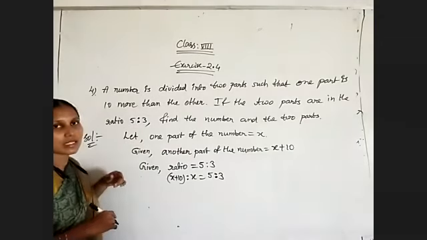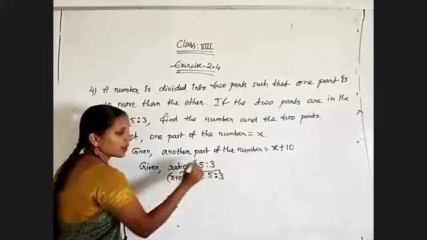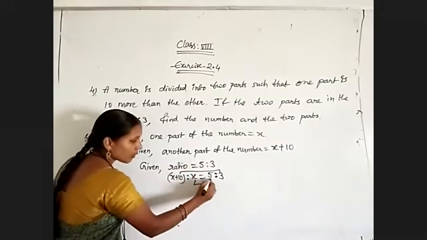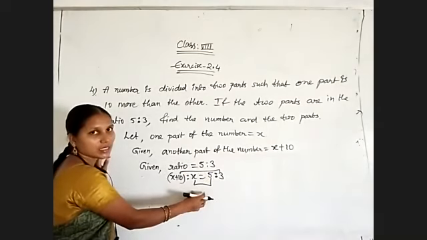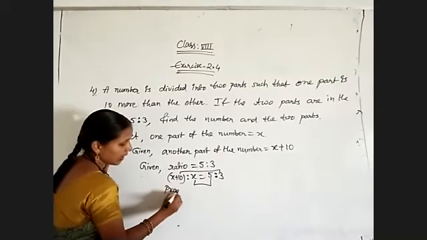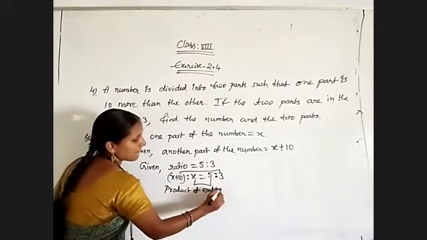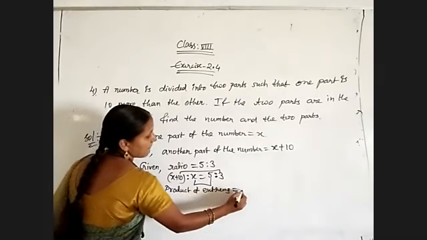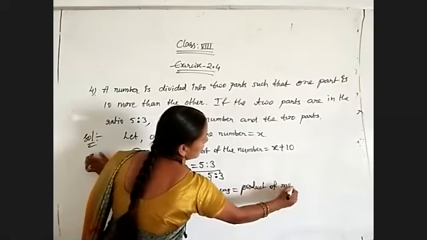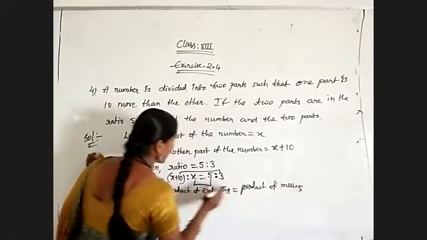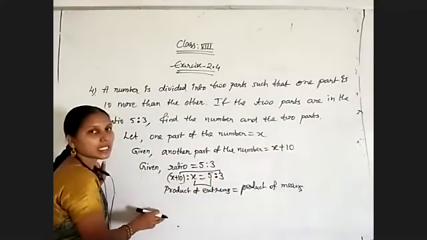Now simplify this. We have the property of proportion: product of extremes is equal to product of means. Means are nothing but the middle terms, the second and third terms. The first and last terms are the extremes.